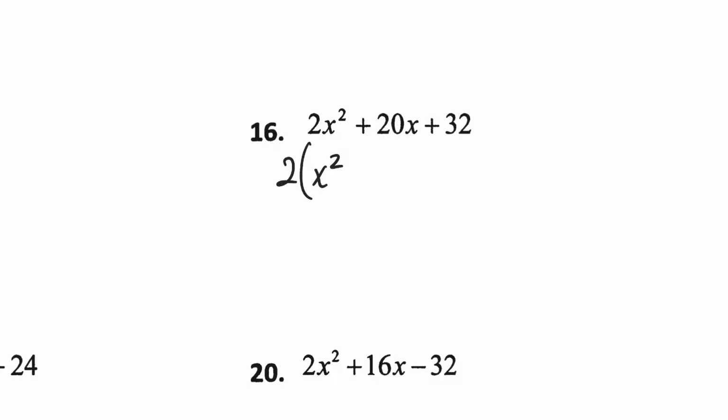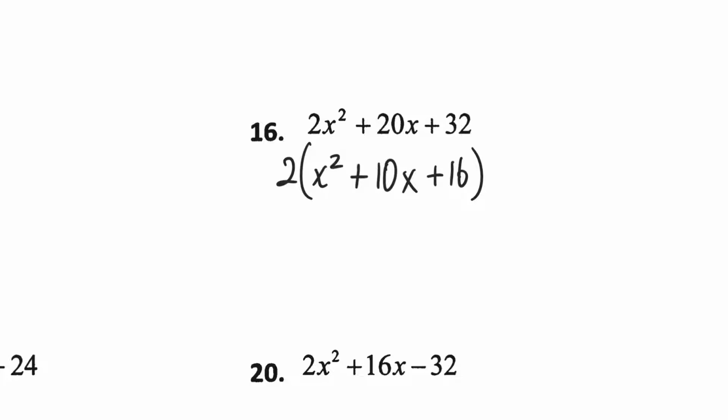If I divide a 2 out of 20x, what's left? 10x. And if I divide 2 out of 32, what's left? 16. And then from here, the 2 on the outside is still part of the answer, so I'm bringing that down. But at this point, I'm not thinking about that 2 anymore. I'm just thinking about inside the parentheses.